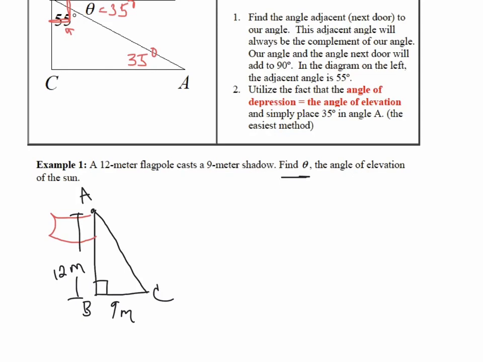Is it A or is it C? Let's take a vote. Who says our angle of elevation is C? A couple of you do. Who says the angle of elevation is angle A? Okay, a couple of you also think it is angle A. So let's discuss.